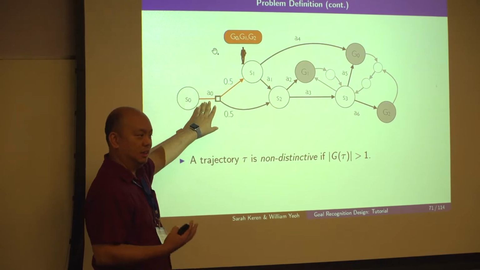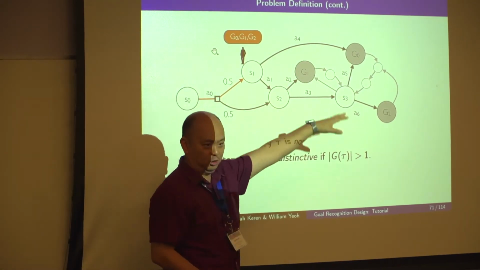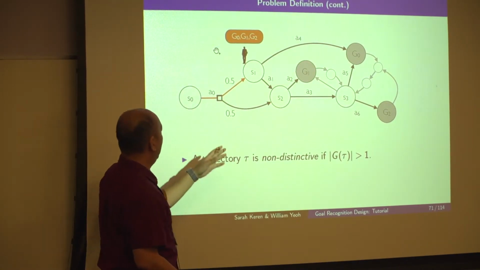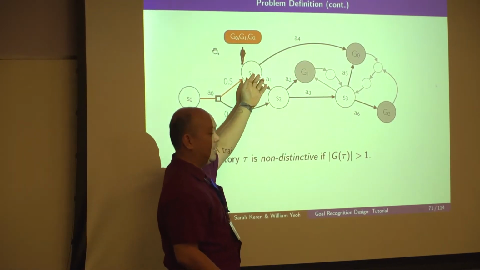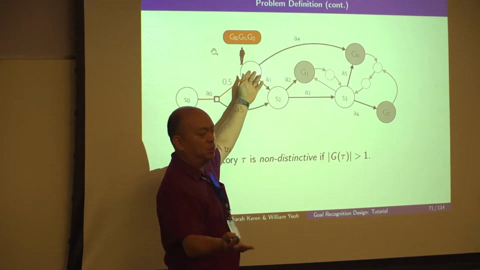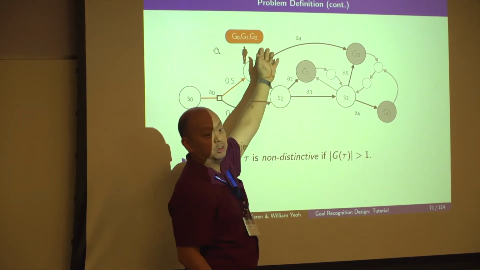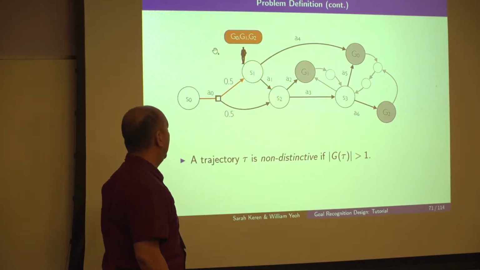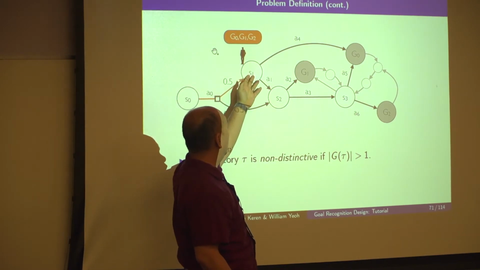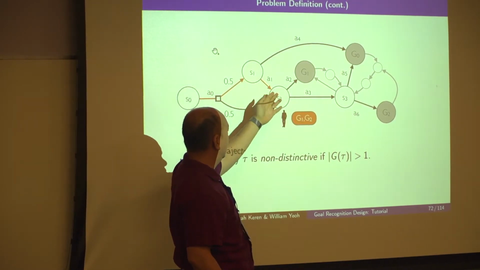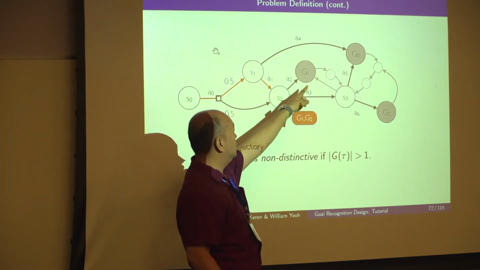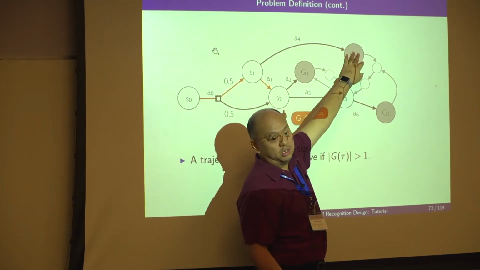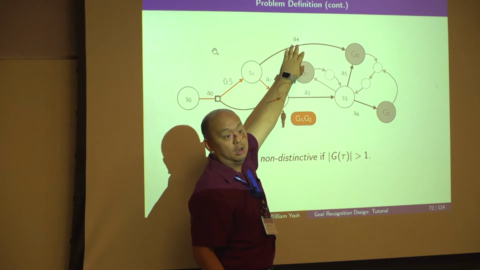Therefore, it is the optimal action for all goals. So if I see you're at S0, I see you execute A0, and I see that you end up in S1, your set of possible goals is essentially all three goals, G0, G1, G2. But if you are here, and I see you execute this action, I know now your goal is definitely G1 or G2. It is not G0, because if it was G0, you would have executed action A4.